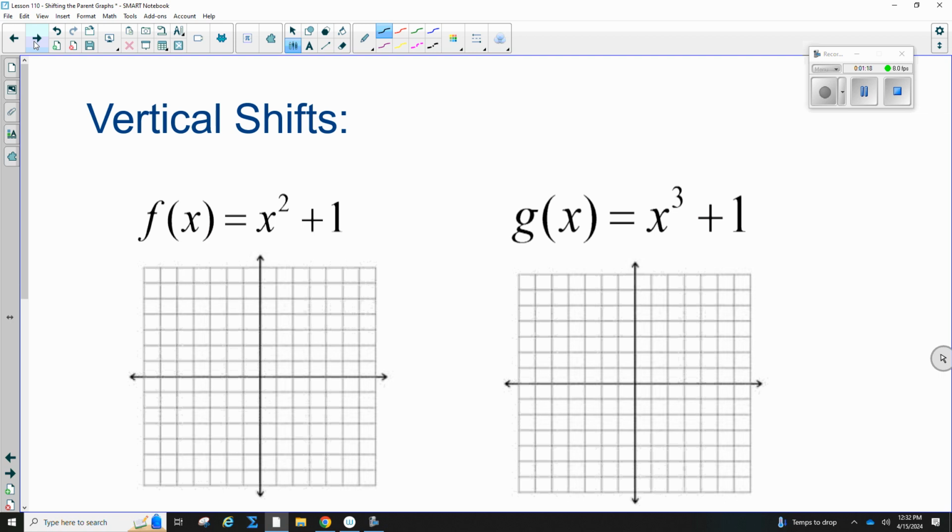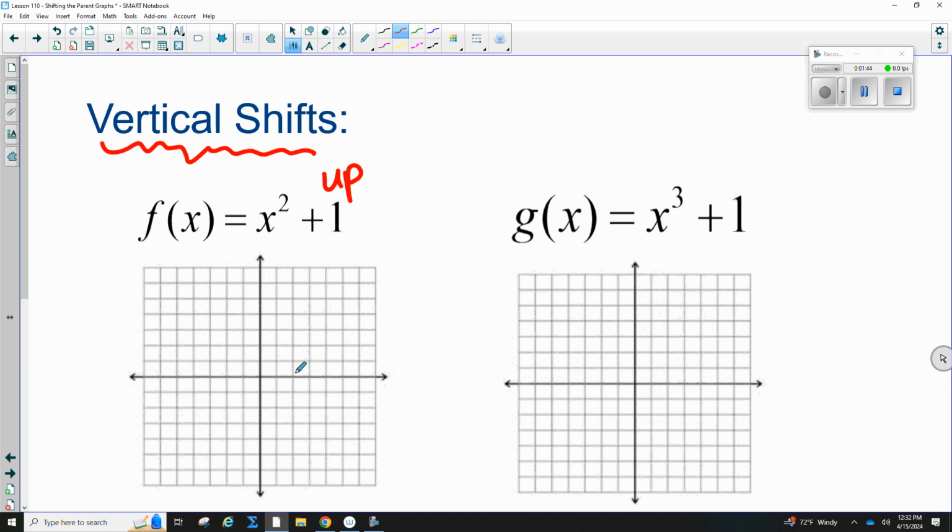We're going to start with vertical shifts, which are up and down. If the constant is outside of the function, you are going to move it up or down. If it's inside the function, and I'll show you what that looks like in a minute, you're going to move it left or right. So this right here is outside of the function, and so it's going to move the graph up 1 because it's plus 1.